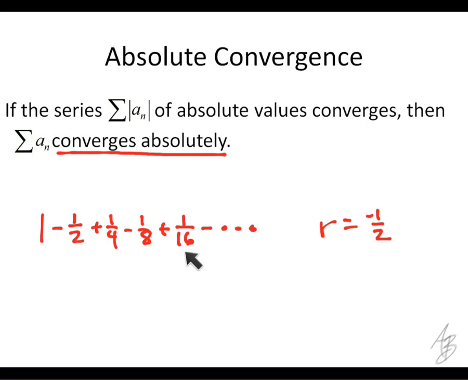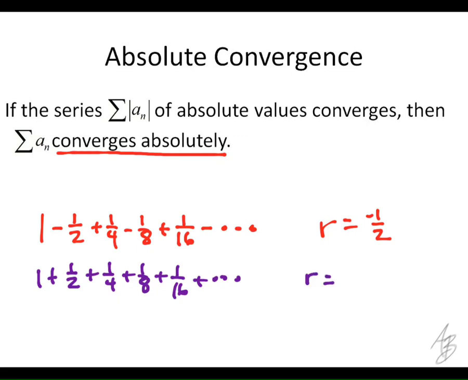Now we know it converges because it's a geometric series and the absolute value of the common ratio is less than 1. The absolute series for this particular series would just be this. It would just be the same series, but every term is positive, and so on, right?